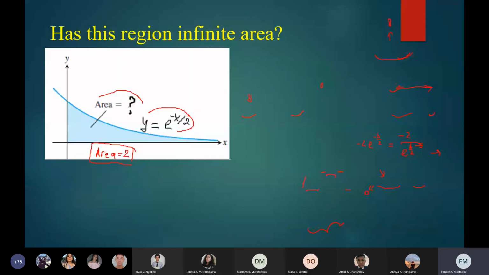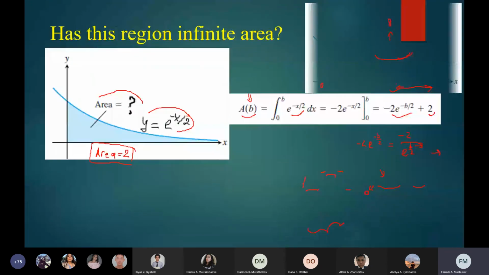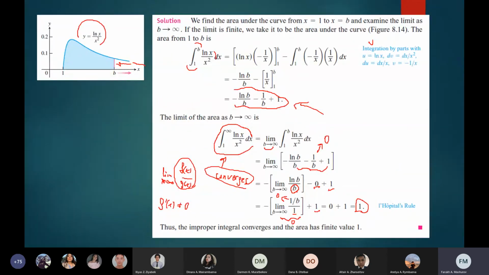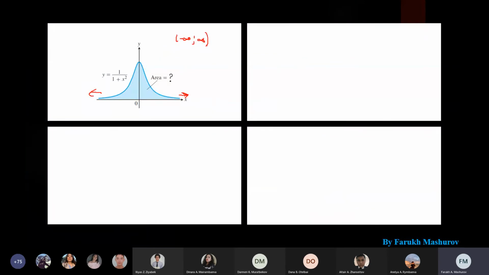It means that we need to use this third definition, yeah? We have minus infinity and plus infinity. It means that we need to find some constant number between minus infinity and infinity, and we can use our previous definitions of improper integrals. Okay, guys.